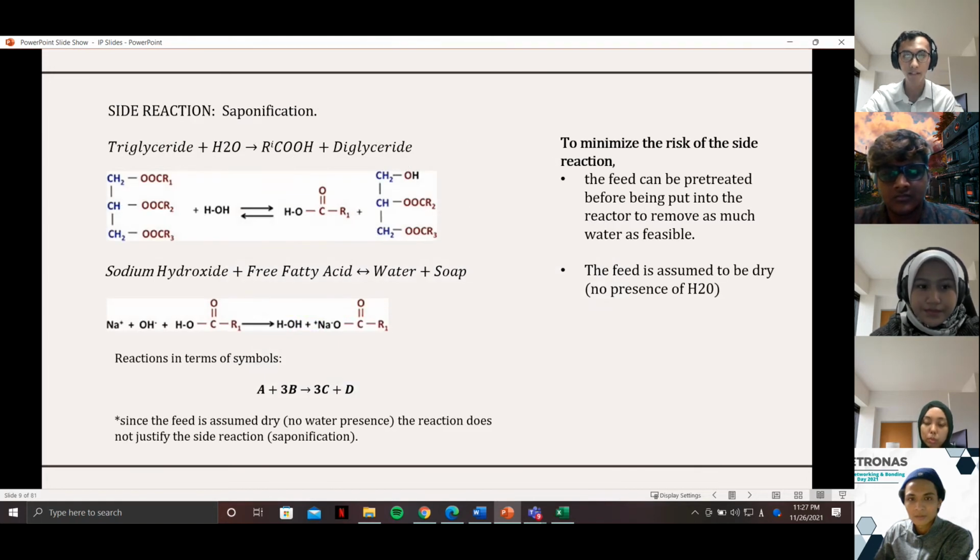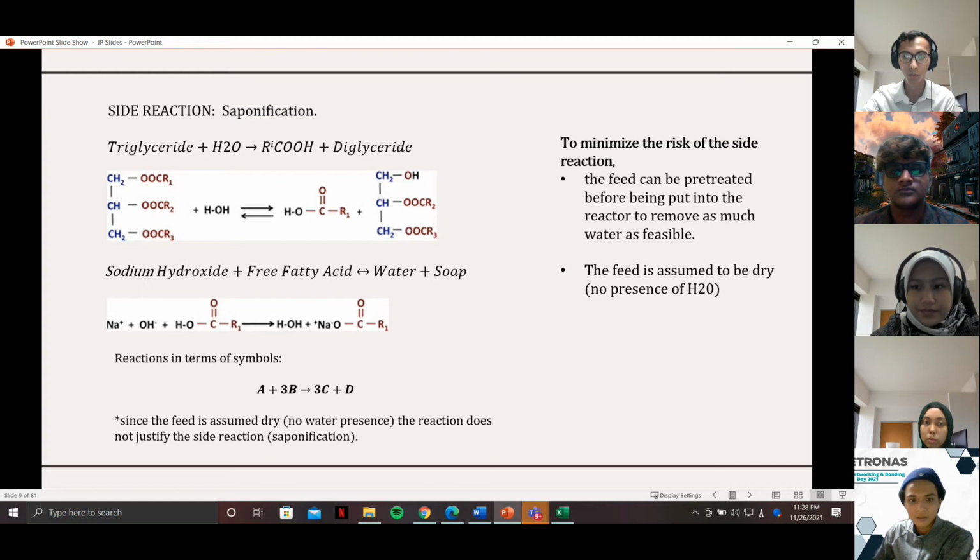The other one is a side reaction, which is saponification. Saponification happens practically if water is present in the reaction. The water will react with the triglyceride and form diglyceride, which will react with the catalyst to form soap and water, which we do not want to produce.